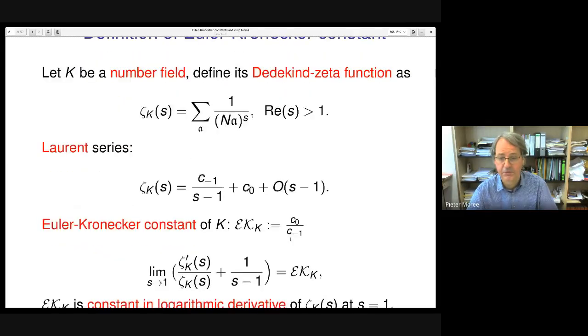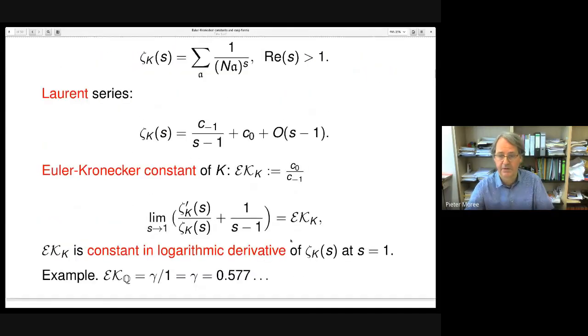And the definition of the Euler-Kronecker constant is then just the ratio of these two: the ratio of this constant term over the residue. And you might say, oh, that looks a bit strange. Why not just look at C0?